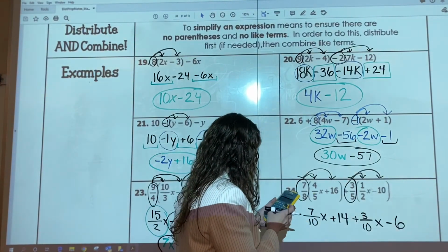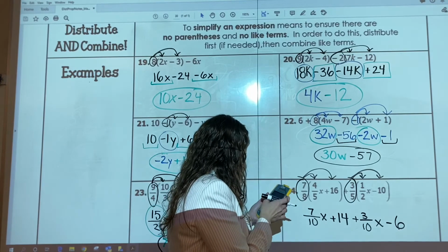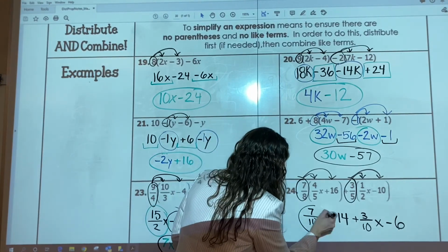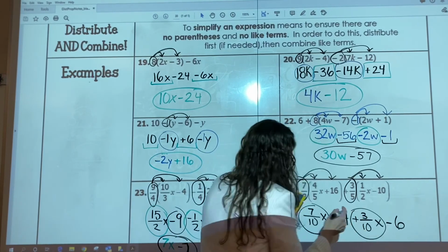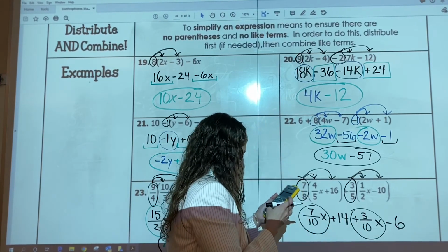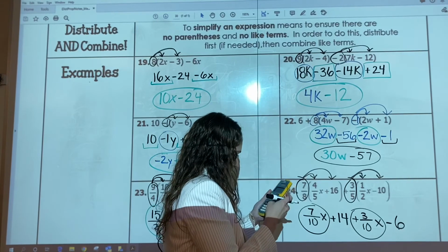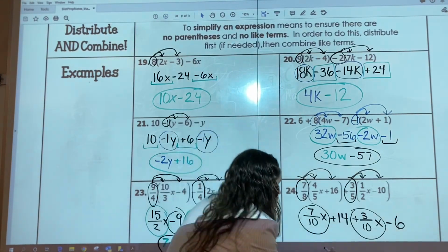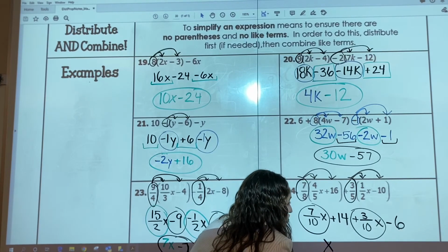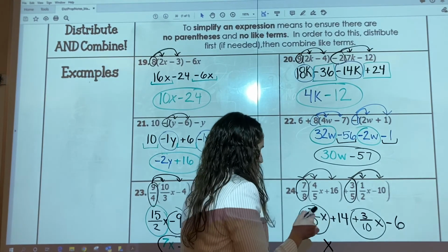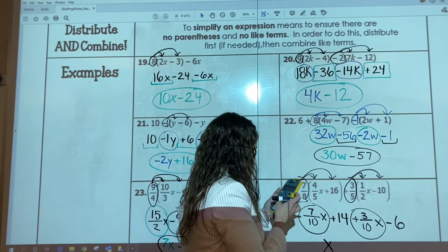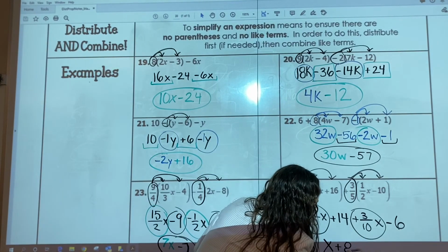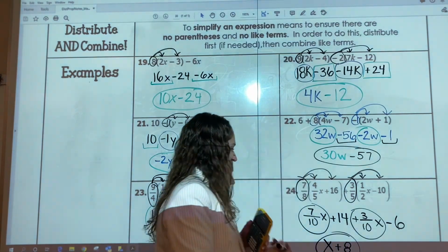So 7/10 plus 3/10 gives 1. So if you want to put 1x, you can. If you want to just put the x, you can do that as well. So then +14 minus 6 gonna give me a positive 8. And my final answer is x plus 8.